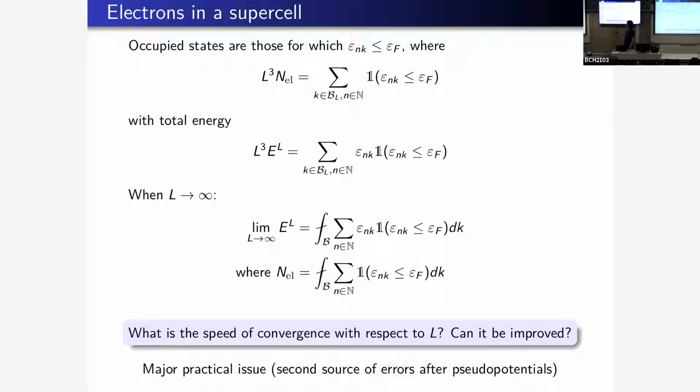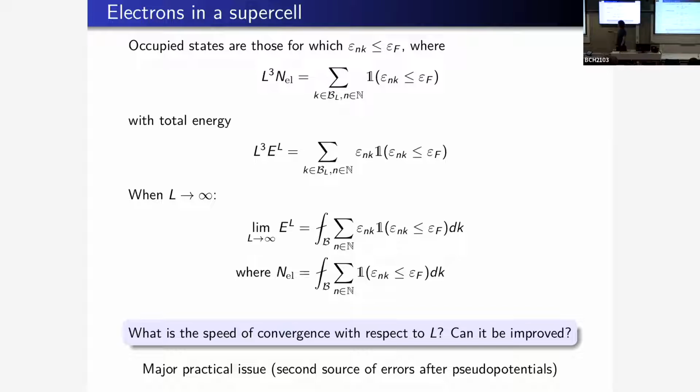Then we take L to infinity to make this bigger. And what you find is that these sums turn into integrals. The energy is given by an integral over the Brillouin zone. It's just the integral normalized by the volume of the domain over which you are integrating.